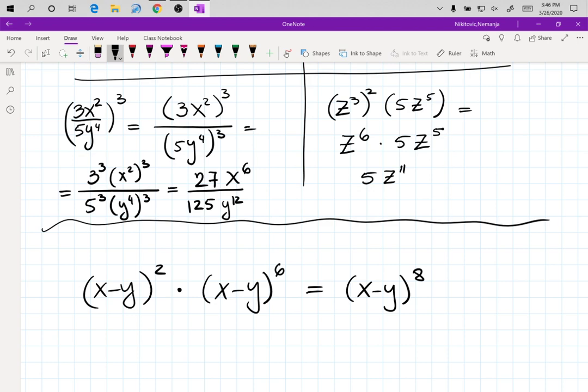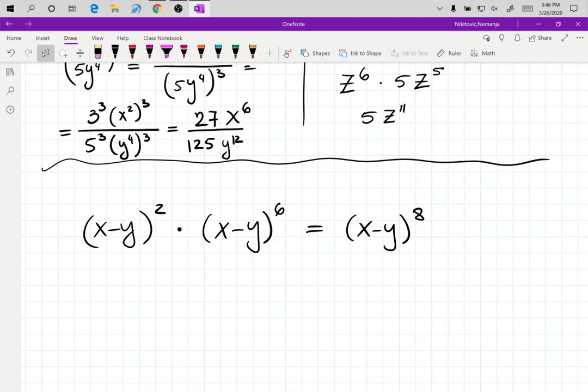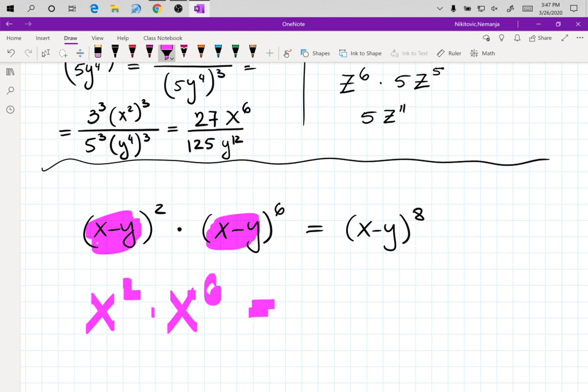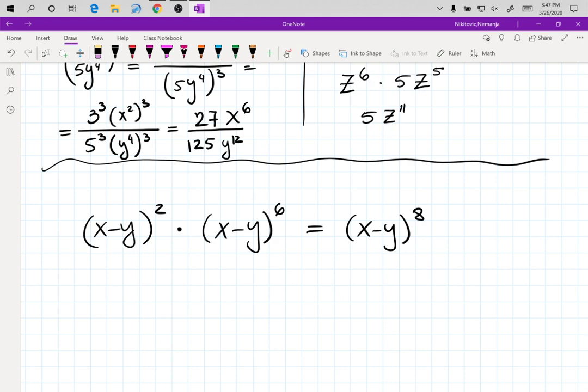You are keeping the content of the parenthesis as one unit altogether, right? Even though it's 2 terms inside, when you take a look, you have something squared times something to the 6th power, which is something to the 8th power. We don't really care what's in parentheses as long as it is the same.